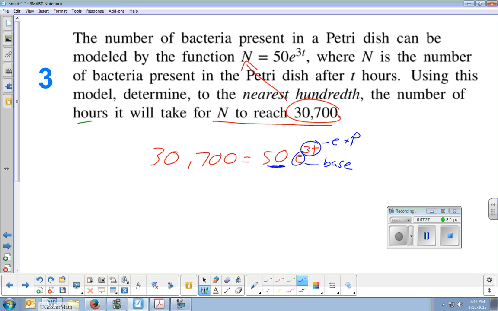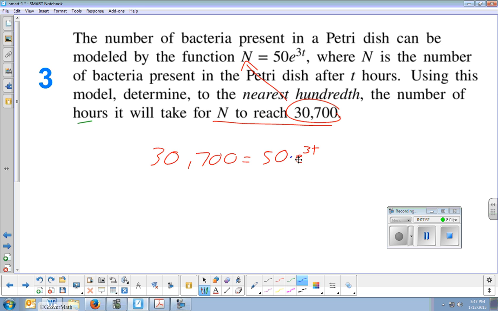This 50 here is not part of the base, because this is 50 times e to the 3t. 50 is not being raised to the 3t like e is. So your principal for these problems, the 50, needs to be removed first with just basic old algebra before you do any type of logarithm. So you need to isolate the base and exponent before you do any logs.